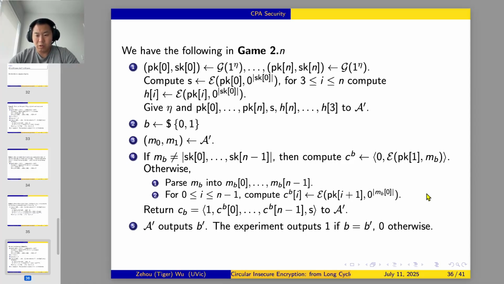So when the adversary sends in MB that is equal to the length of a secret key, this is essentially just a normal CPA game against pi. And otherwise, it's always receiving an encryption of zeros, which is independent of the value of B.